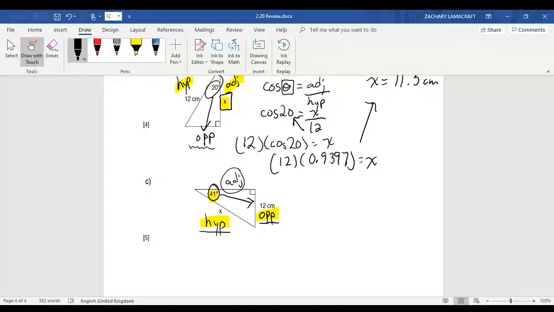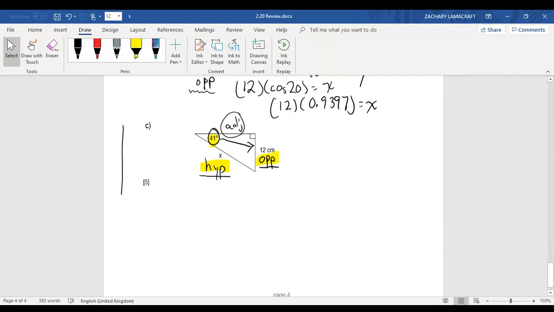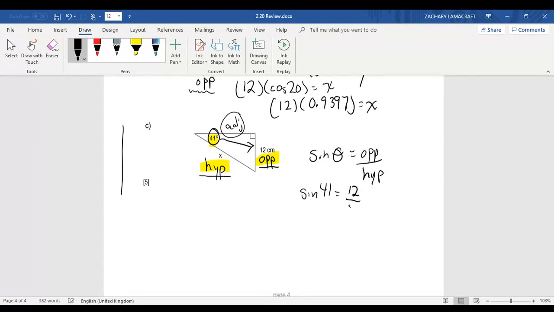In that case, we'd have O and H, and O and H are in sine. So sine of the angle, theta, is equal to opposite over hypotenuse. In this case, we know what the angle is, so it would be sine 41 is equal to the opposite being 12, and the hypotenuse being x.